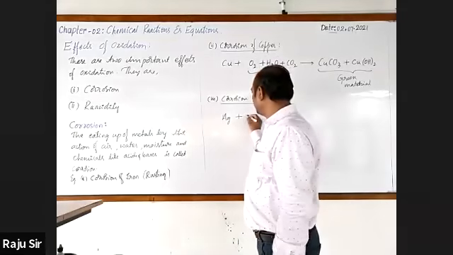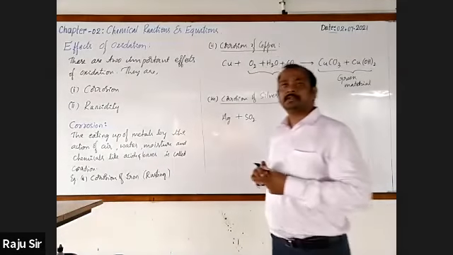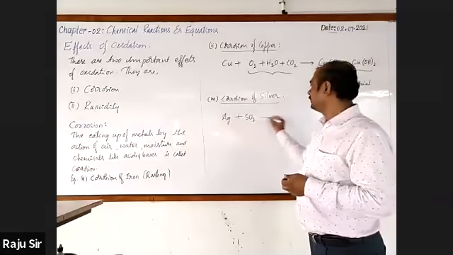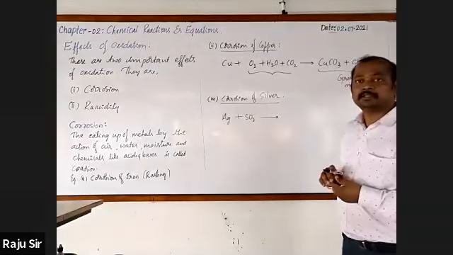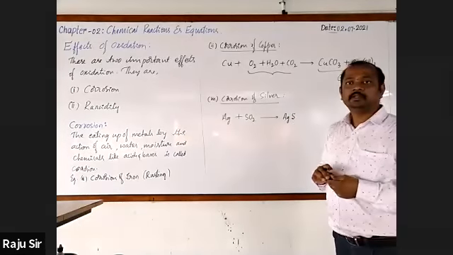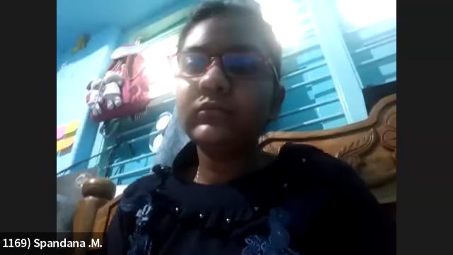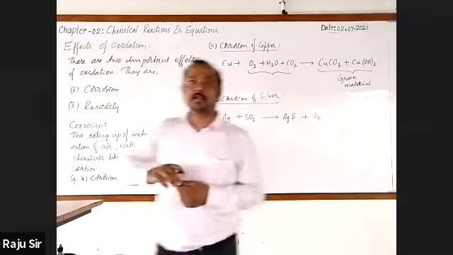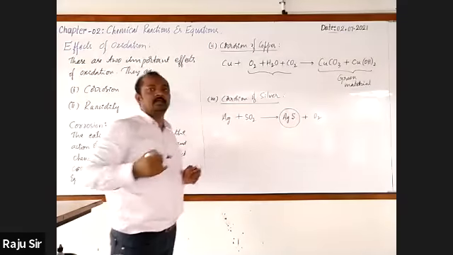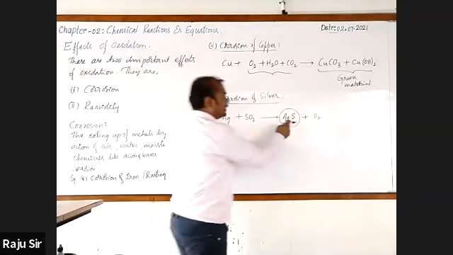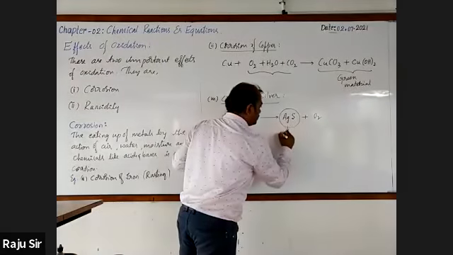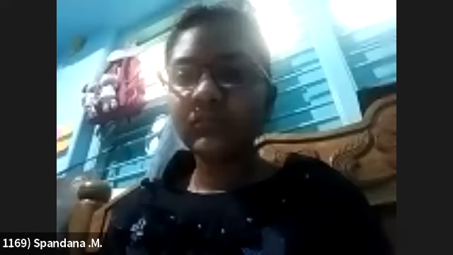Among these two, if silver reacts with sulfur dioxide, then it produces a compound called silver sulfide, Ag2S, and oxygen gets separated. This is a dark cement color, and we say that silver is corroded.